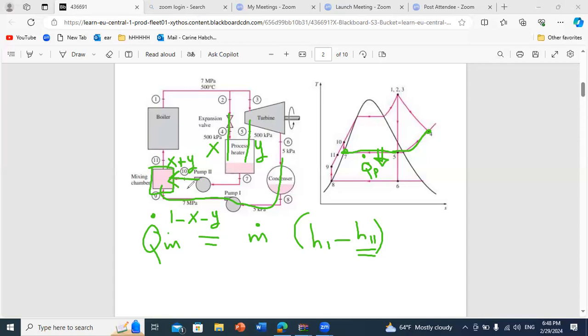So if you write the energy balance for the mixing chamber, you can say that Q dot minus sum of W dot is equal to the sum of M dot out H out minus the sum of M dot in H in.